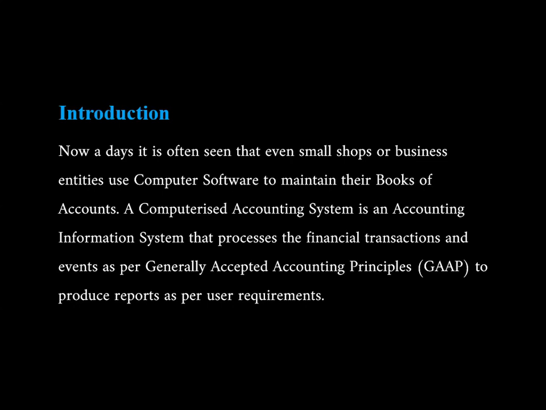So my dear students, accounting software describes a type of application software that records and processes accounting transactions within functional modules such as accounts payable, accounts receivable, journal, ledgers, payroll, and trial balance. It functions as an accounting information system.